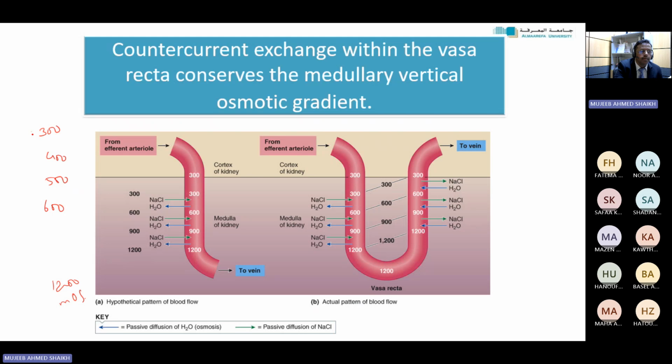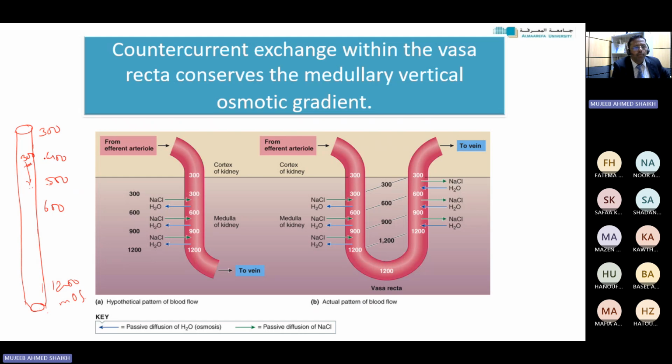If, along this side of the interstitium, you have a blood vessel containing blood, what is the osmolarity of normal blood? 300. So when it passes down, there is a difference between 300 and 500, or 400 and 300.